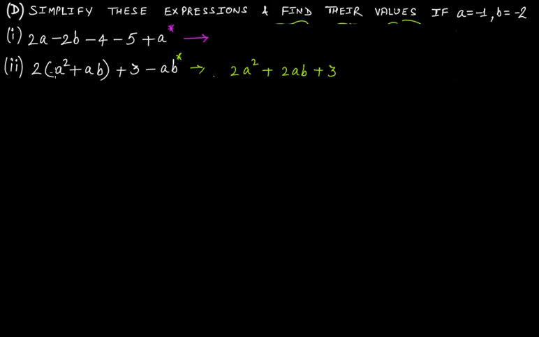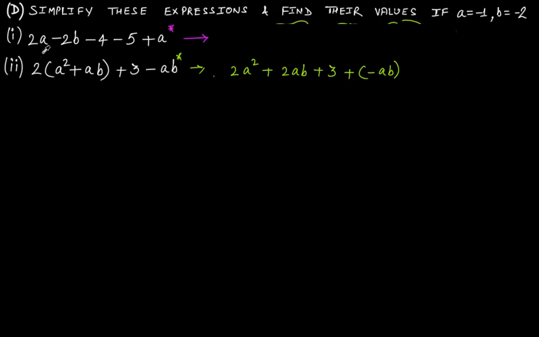We have simply opened the bracket and multiplied this with 2. Okay, this is 2a squared plus 2ab plus 3, then plus, and within the bracket minus ab. Put the negative terms within a bracket so that we have a positive sign outside.